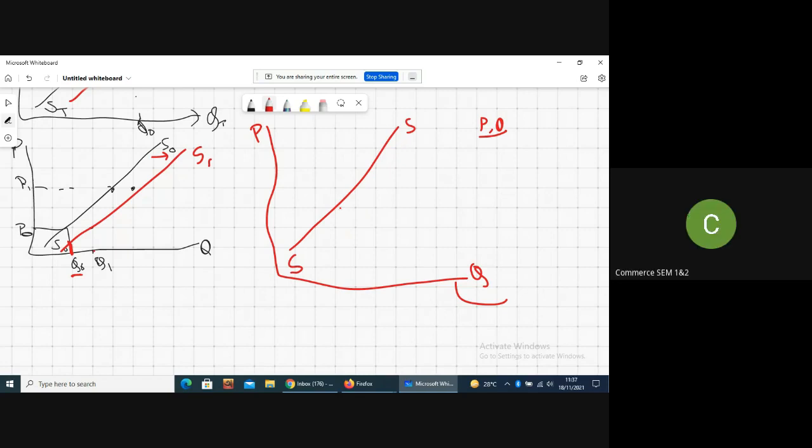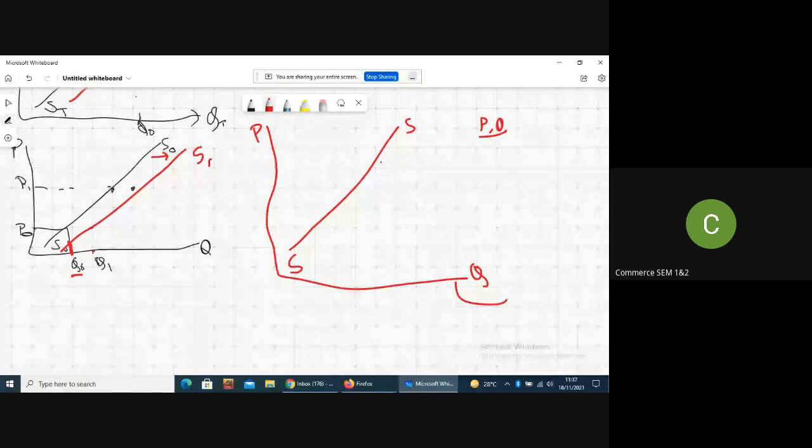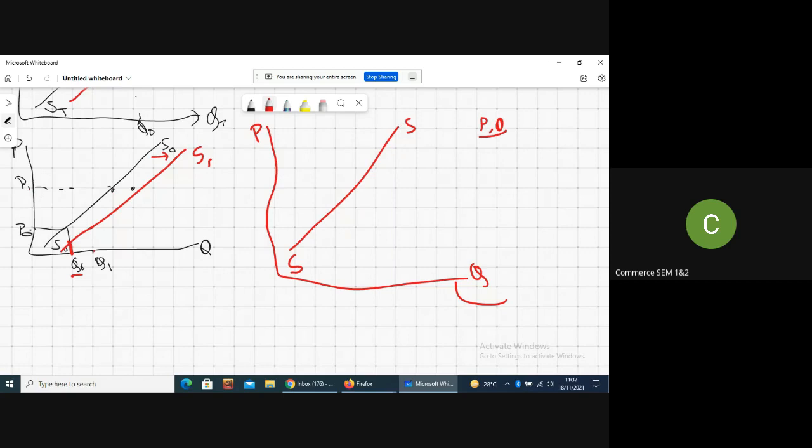We still haven't talked about the price. What will be the market price? What you are talking about, the market price of samosa will increase. But we haven't said that this P1 or this P0 will be the market price. Only thing we are talking about is that if this is the price, then this much will be the supply. So market price will be determined from the interaction of the market supply curve and the market demand curve.